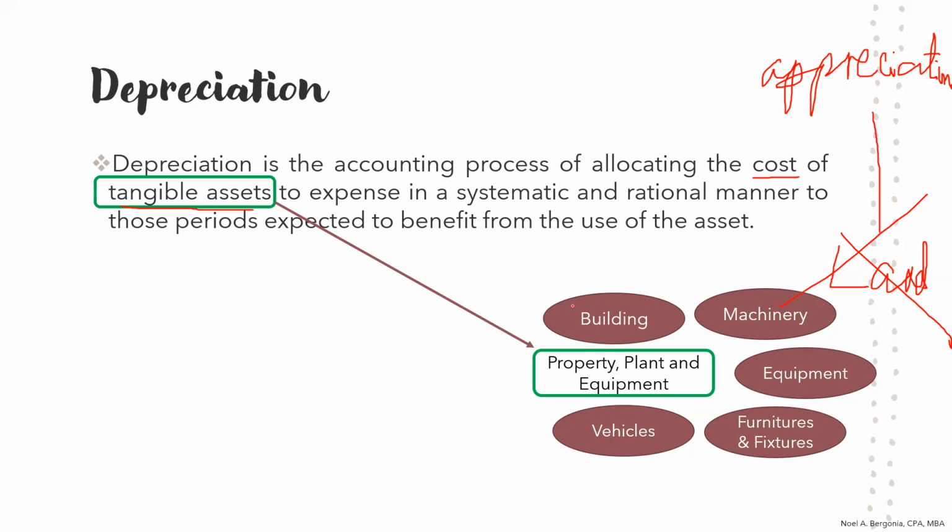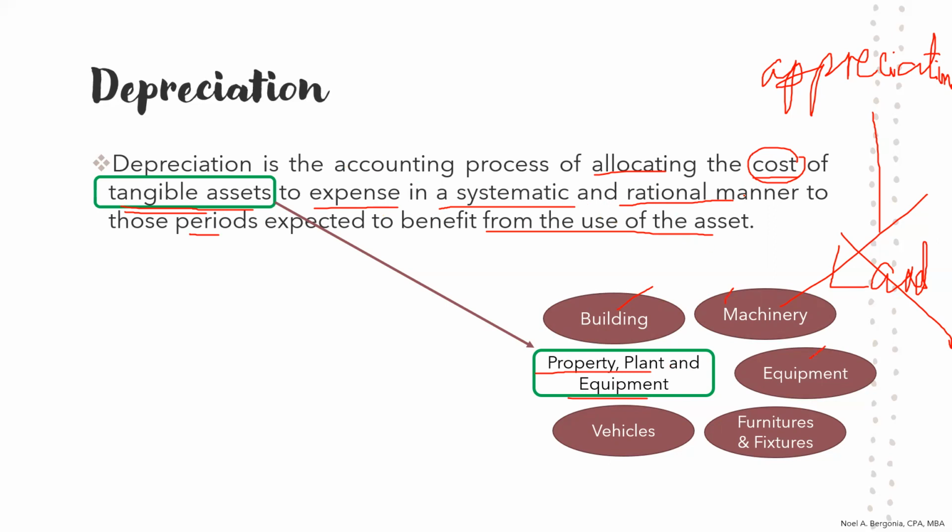Okay, so going back to our definition, we allocate yung costs ng ating tangible assets, specifically the property, plant, and equipment, to expense in a systematic and rational manner to those periods expected to benefit from the use of the asset. Di ba bibilhin natin itong machinery, buildings, equipment, and the likes? Binibili natin yan.